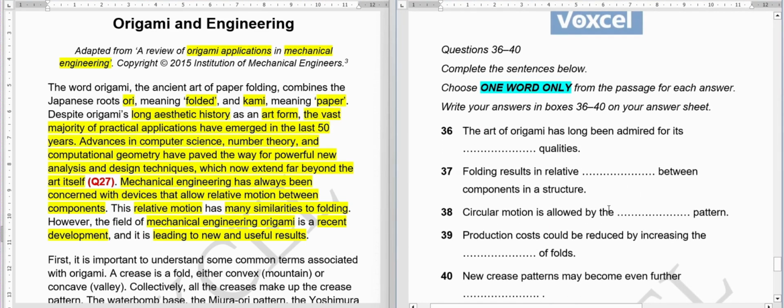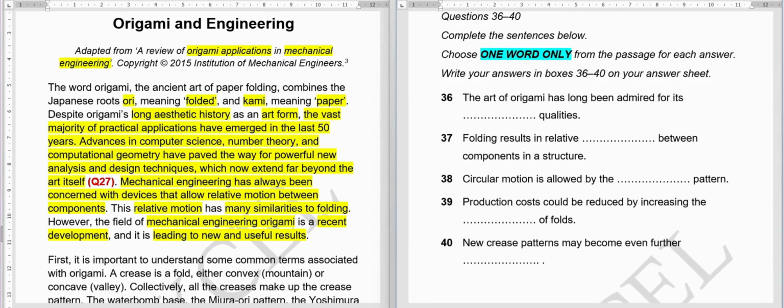The art of origami has long been admired for its dash qualities. Have we read anything about the art of origami? Yes, we have. So the answer is in this particular paragraph. Now you will have around 10 seconds to tell me the answer, and your time starts now.